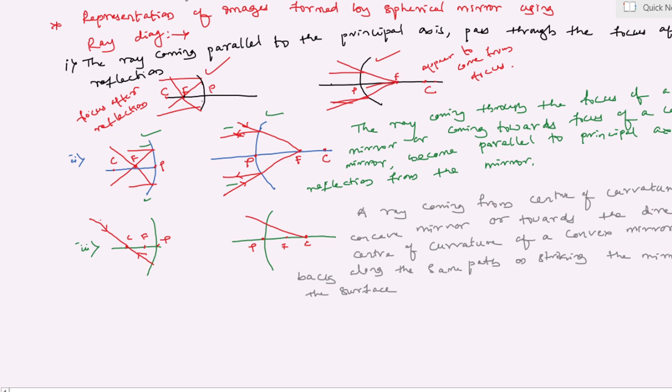Yes, my dear students, I remind you once again what is happening in concave and what is happening in convex mirror. A ray coming through the center of curvature of a concave mirror, or towards the direction of the center of curvature of a convex mirror, reflects back along the same path on striking the mirror surface.